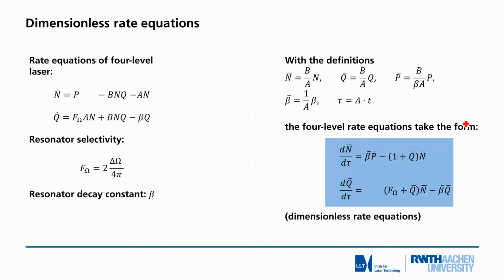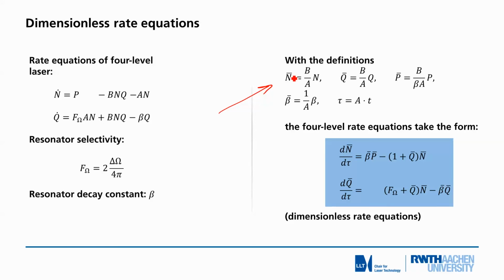A further simplification is displayed in this next picture, where we now introduce new definitions. They are shown here on the upper right-hand side. We normalize the numbers and get dimensionless quantities.